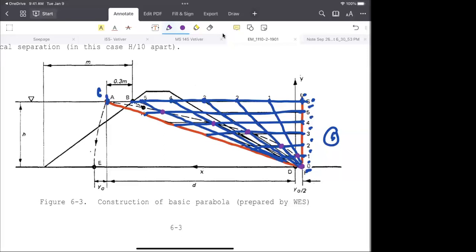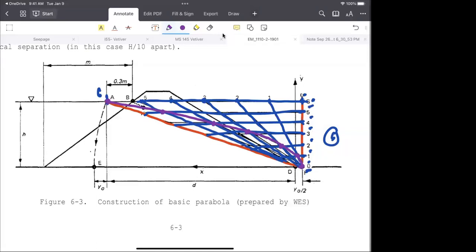And then 6, 6, right? Sorry, 6, 6 is here, right? Now we join all the lines, starting from 1 to these points. Okay? We got this point. Now we do what?